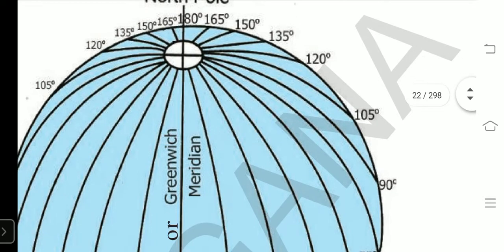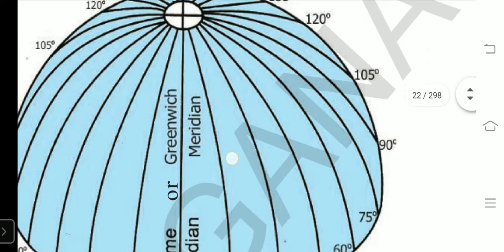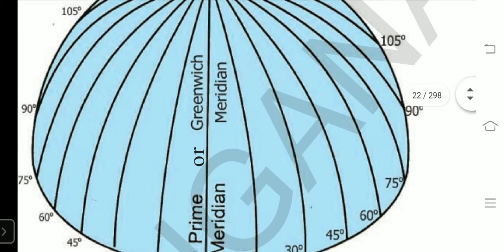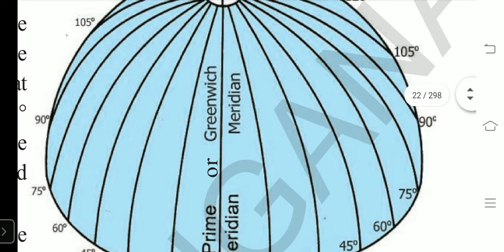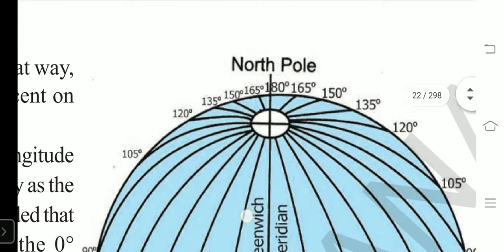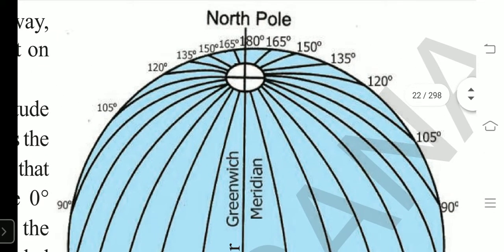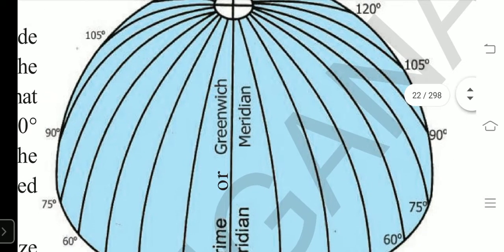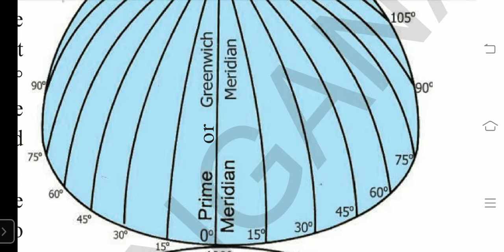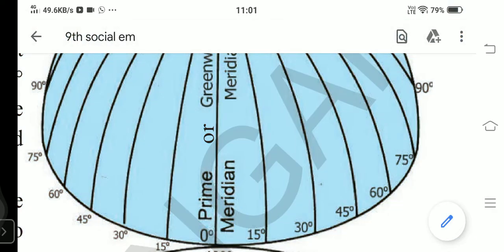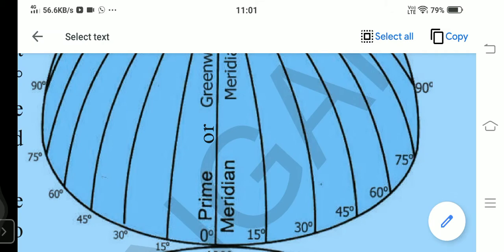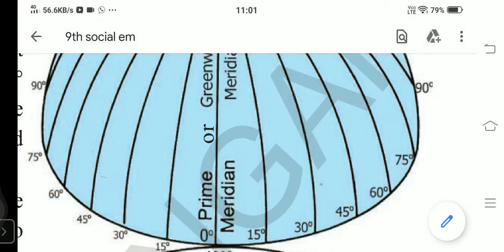So you may ask me why we should add the time going to east. Here I said that the earth rotates from west to east, right? When it rotates from west to east, it means that the sunrise has already happened in the east. See, I am saying on the 0 degree prime meridian, it is 12 o'clock. What is meant by 12 o'clock?